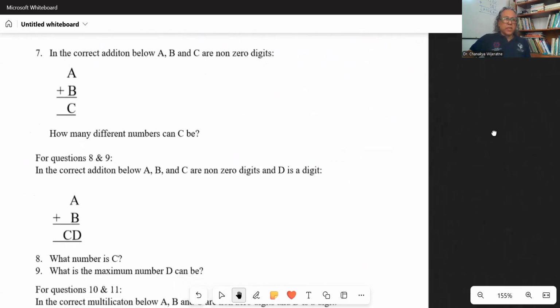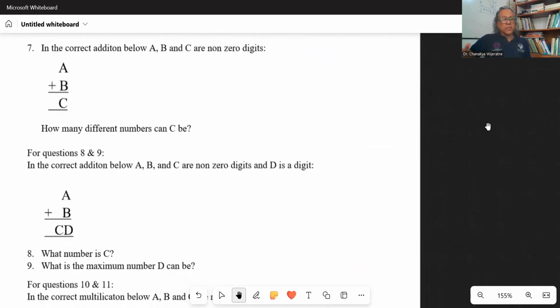Number 7, in the correct addition below, A, B, and C are non-zero digits. So we know that letters can stand for digits, right? They are like representatives, like at the UN, somebody represents Sri Lanka. So likewise, these letters can represent digits.